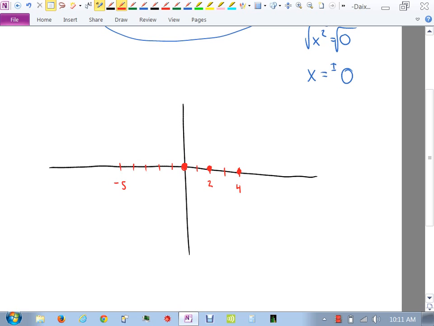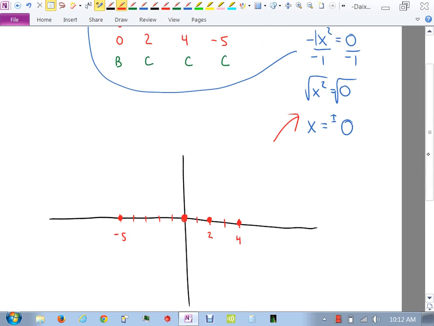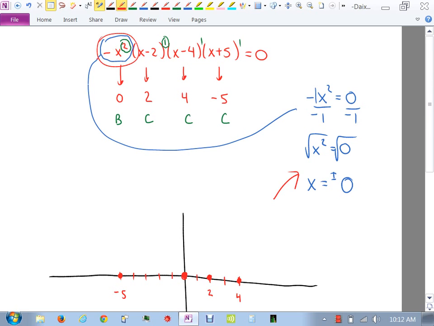Why is 0 in there? Because it was one of these. Set it equal to 0, you get this. That x squared was from the very beginning. We factored it out.